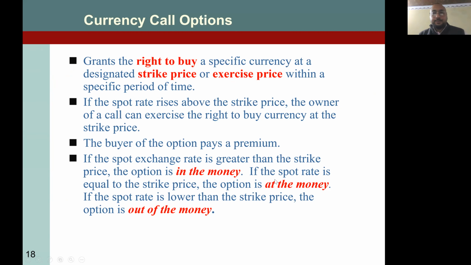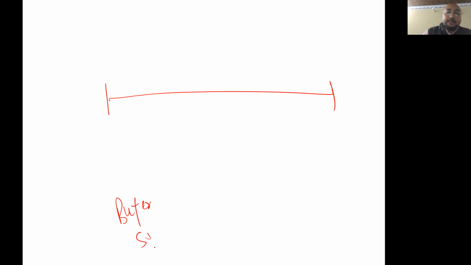Let me repeat it. Like in any other contract, there is a buyer and there is a seller. So this is the call option.